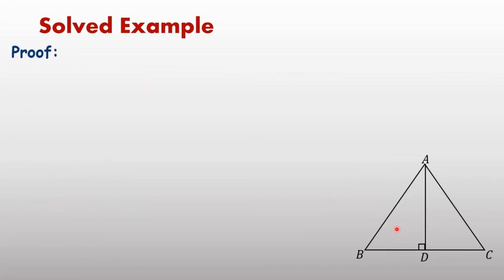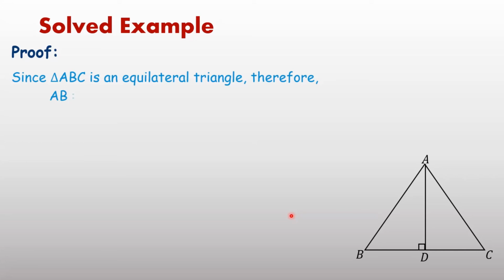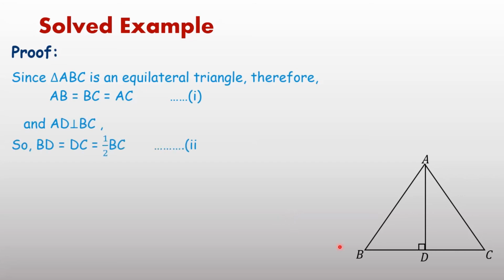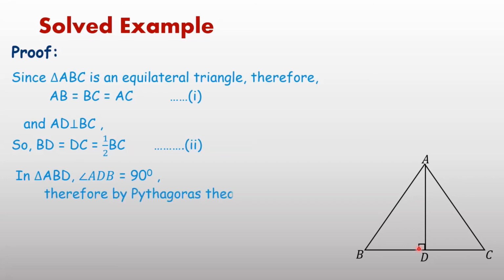In triangle ABC, all three sides are equal, means AB equals BC equals AC, because it is an equilateral triangle. And AD is perpendicular to BC, so we can write BD equals DC equals half of BC. Next, in triangle ADB, angle D is 90 degrees, so we can apply the Pythagoras theorem.